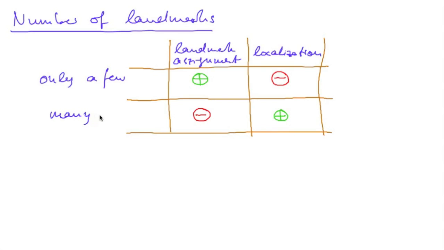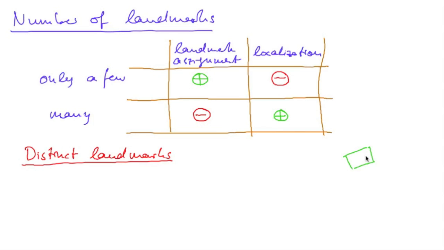Now, in order to have many landmarks for a good localization and still not confuse them, we need distinct landmarks. Remember that in our case, all landmarks were the same, because in the real world, they actually have exactly the same dimensions. But in practice, they may be different in dimension or, for example, in color. So if we had used a camera in addition, we would have been able to detect the different colors of our landmarks.